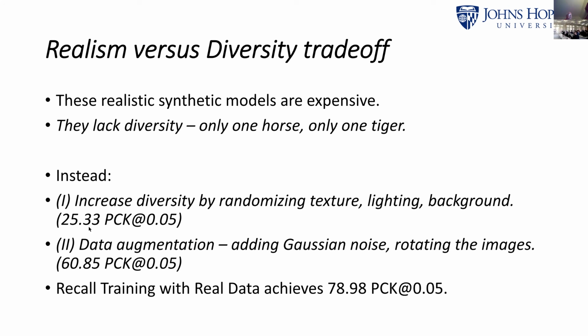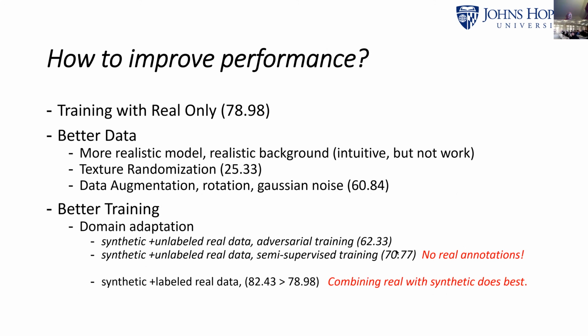Data augmentation, however, boosts this up to 60.85. If you put in self-supervised learning, you get up to 70. And so you can say 70.77 is a lot less than the result if you train with the real data, with the real key points. But on the other hand, this is an amazing result since you've got no annotation at all.